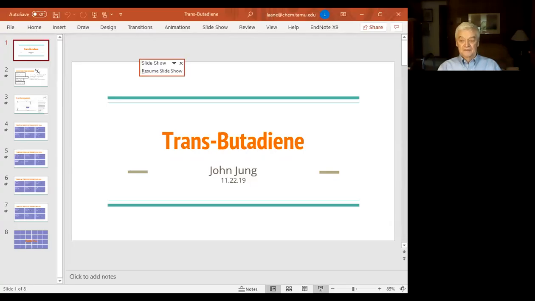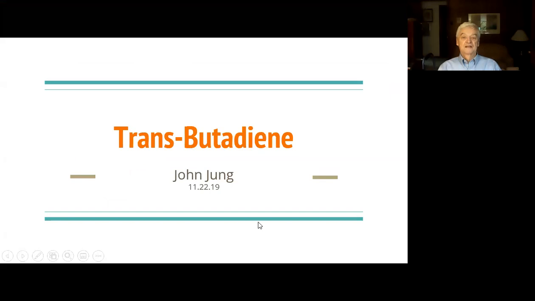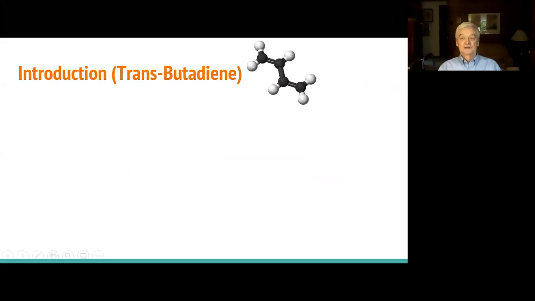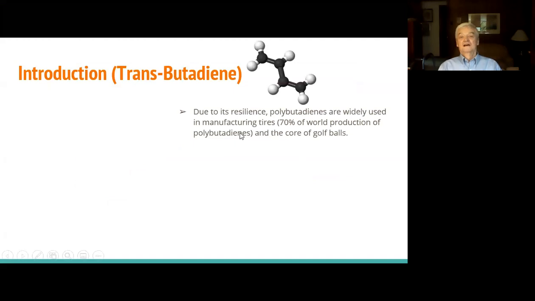And let's do this one. This is trans-butadiene, so John Jung looked at this molecule, and here is his slide presentation. Butadiene, of course, is typically a molecule very important for many chemical engineers.